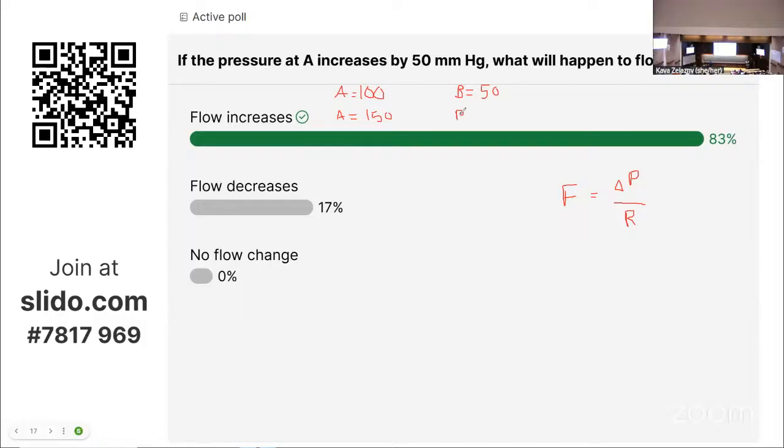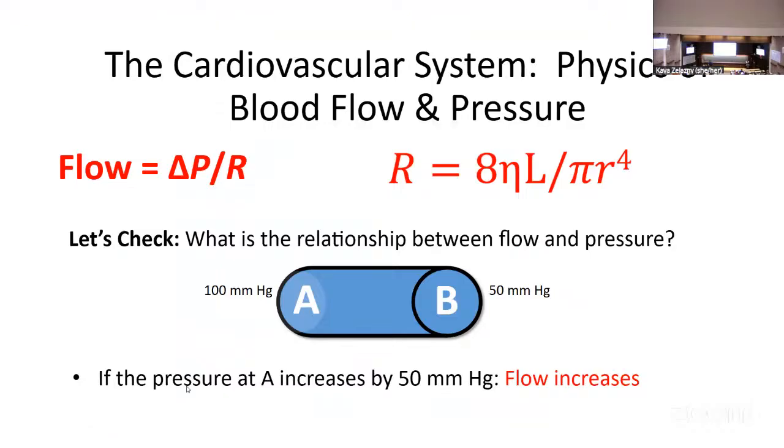So now we have a larger pressure difference. We're not doing anything to the radius or the resistance yet. This is what creates an increase in flow here. So our flow increases for this one.